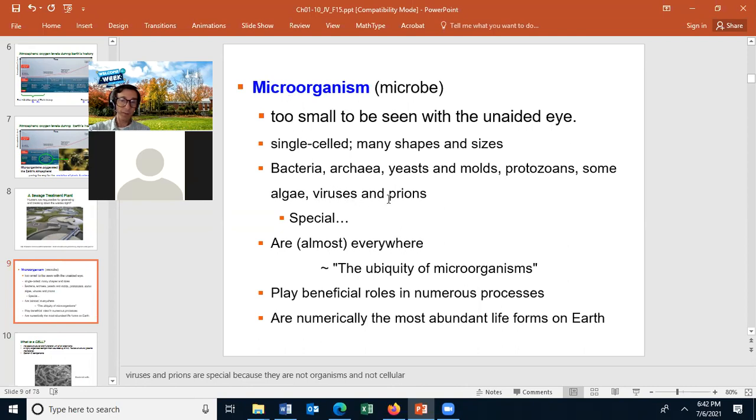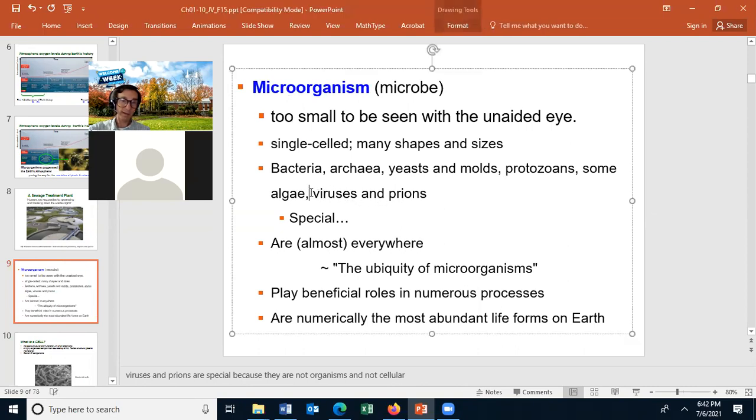But if you call them a microorganism, you should realize that these organisms do not have cells. So they are special in that they do not have cells, and well, you could argue they're not organisms because they're not cellular, so they're just special.